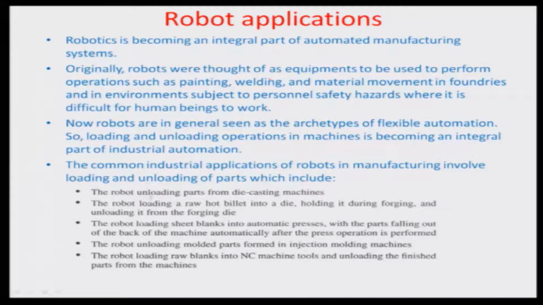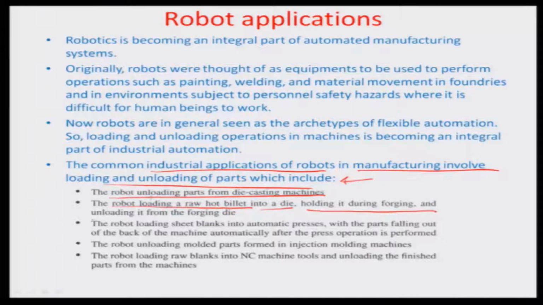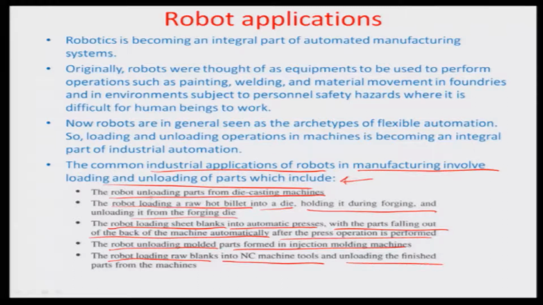The common industrial applications of robots in manufacturing typically involve loading and unloading of parts: robot unloading parts from die casting machines, robot loading a raw hot billet into a die, holding it during forging and unloading it from the forging die, robot loading sheet blanks into automatic presses with the parts falling out of the back of the machine after the press operation, robot unloading molded parts formed in injection molding machines, or robot loading raw blanks into NC machine tools and unloading the finished parts, and so on.